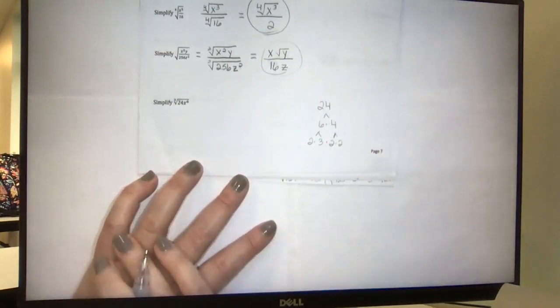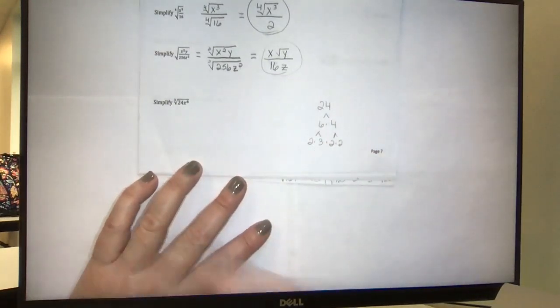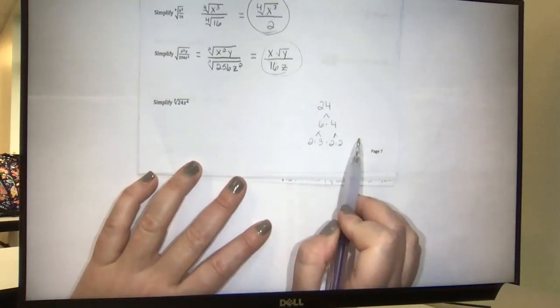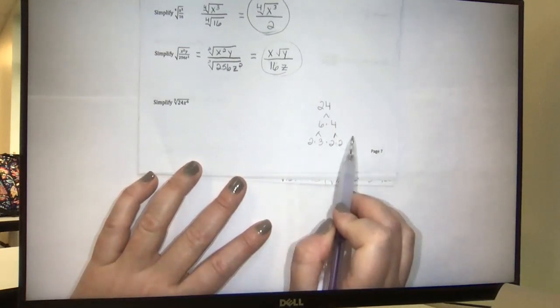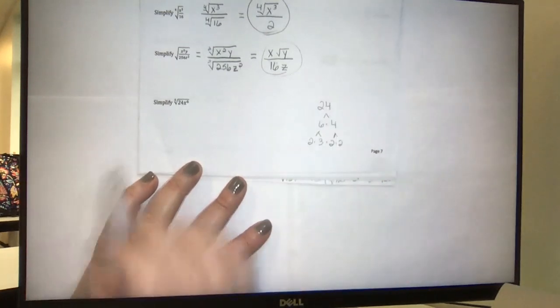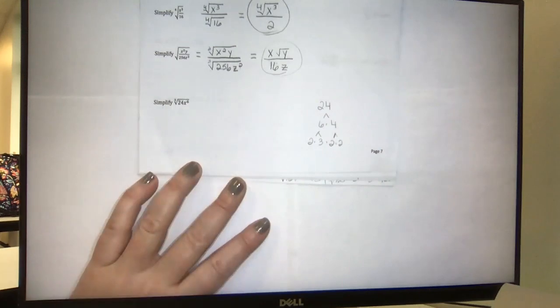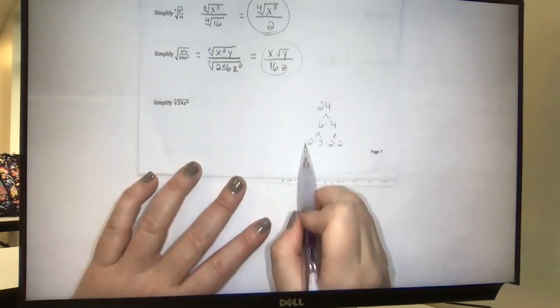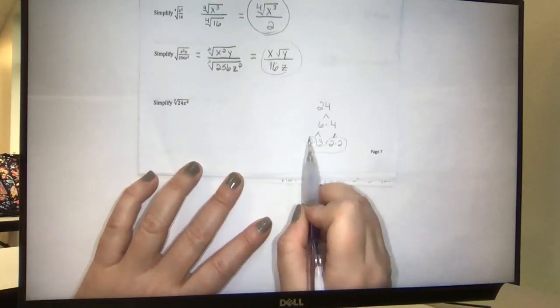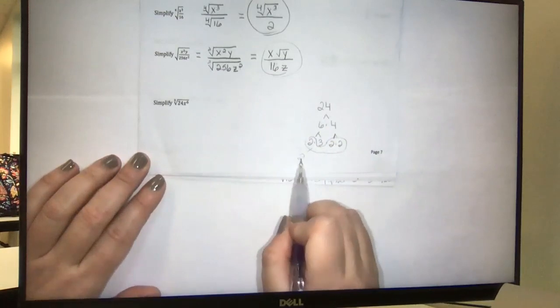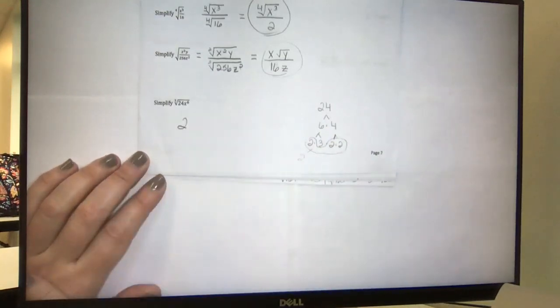All right, no matter which 2 numbers you chose to break down 24, you should end up with 3 2s and 1 3, right? No matter what you chose. And these multiply together to give you 24. My index is 3. So I'm looking for groups of 3 numbers that are the same. Here's 3 numbers that are the same. Okay. That one of those numbers is going to come out front.